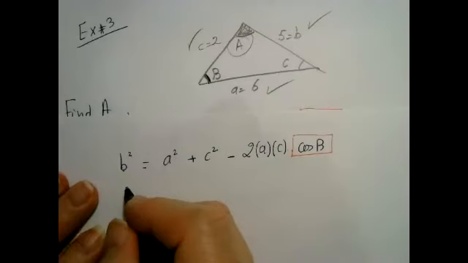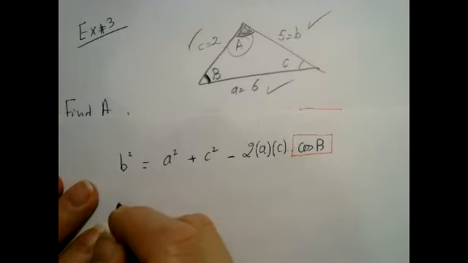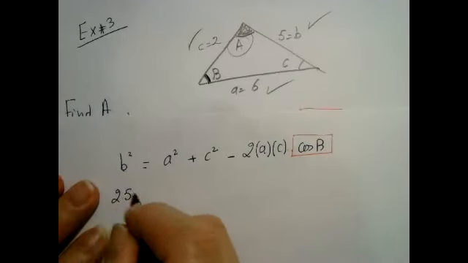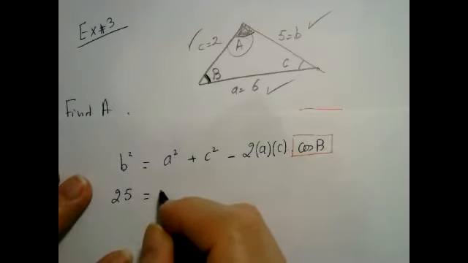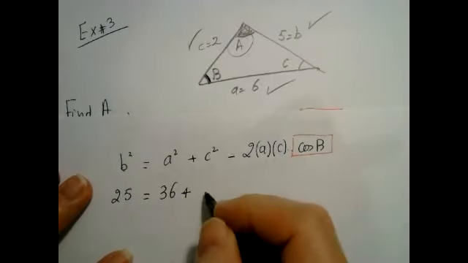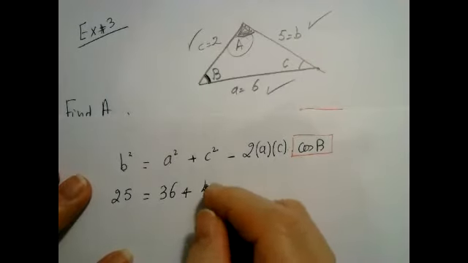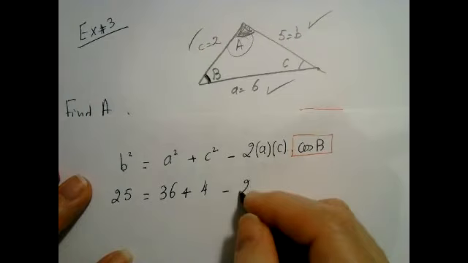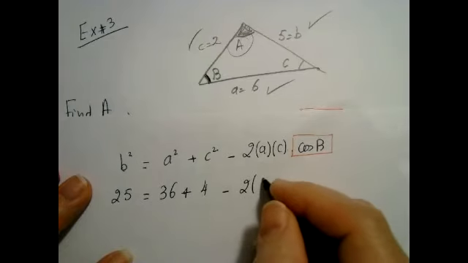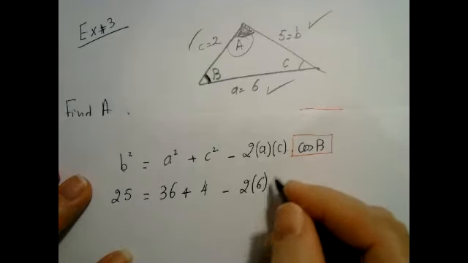So B squared would be 25. Then A squared, so it'll be 36. And then C squared is 4. And minus 2A, so that'll be 6, and then C is 2.